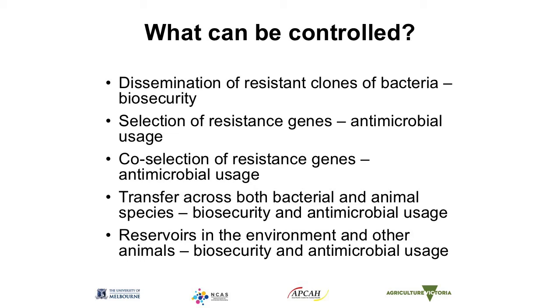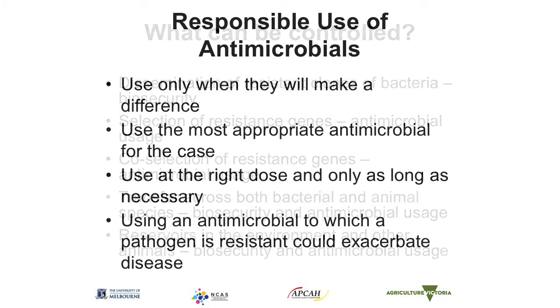We can control transfer across both bacterial and animal species by implementing both adequate biosecurity and controls on antimicrobial usage. And lastly, we can implement some control on reservoirs in the environment and in other animals, again by implementing biosecurity and by controlling our antimicrobial usage.